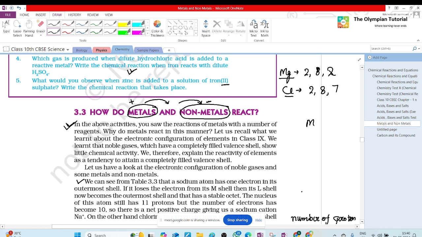So magnesium will give 1 electron to this one and 1 to this one, and we will get another ionic compound, that is MgCl2. Here it is 2, here it is 7. So it will become MgCl2.